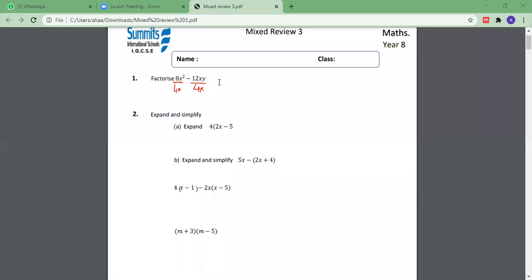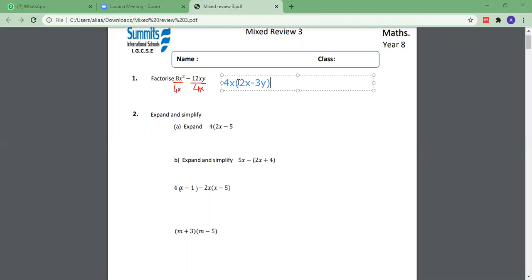Okay, so first thing you have to write, it's very important, don't forget, 4x bracket 8x power 2 divided by 4x, which will be 2x, minus 12xy divided by 4x will be 3y. Okay, you have to make sure that the 4x, the common number that you took, you write it in the beginning, and then you open the bracket, and then you write 2x minus 3y.